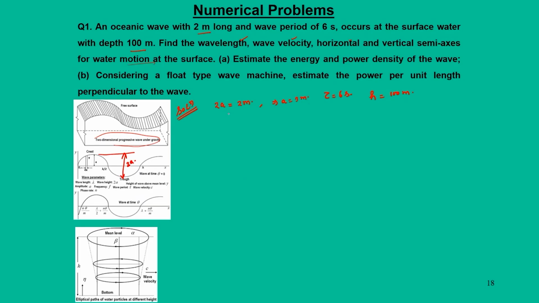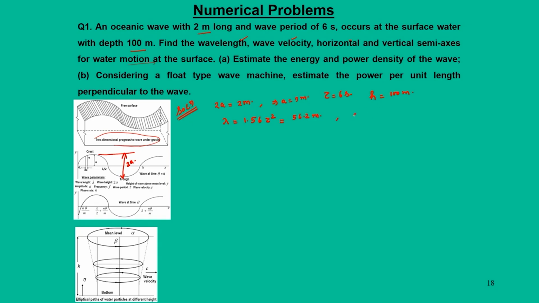For the other features, first, the wavelength relation with time period: recall our expression lambda equals 1.56 tau square. Tau is given as 6 seconds, so this is 56.2 meters.